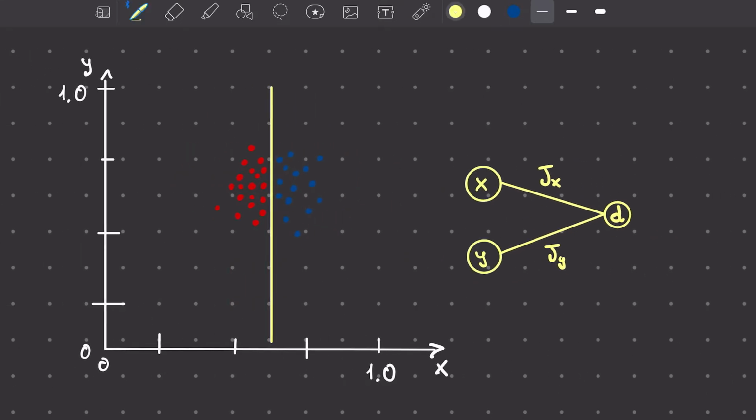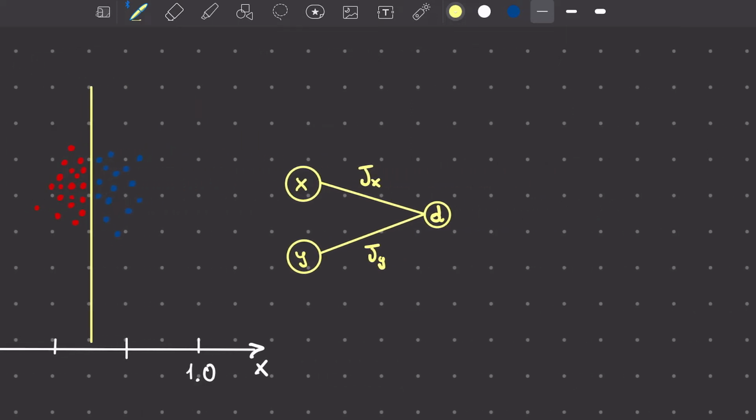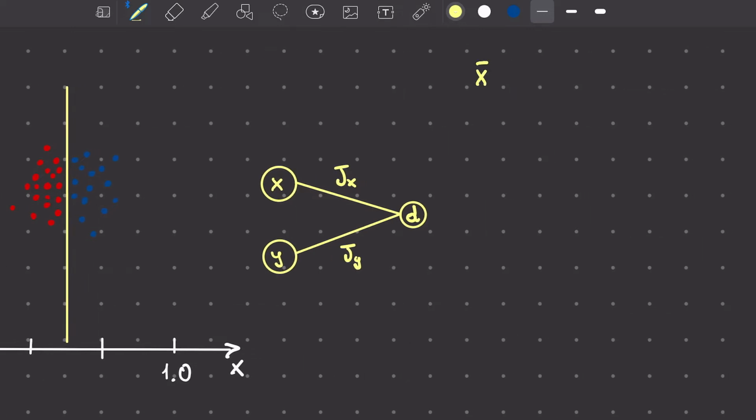We're gonna describe the vector that we're gonna have as input as x. Let's write it here. So the x vector is gonna be composed of the x coordinates and the y coordinates, and then we're gonna say that there are two possible labels or outcomes, d equals 0 and d equals 1.